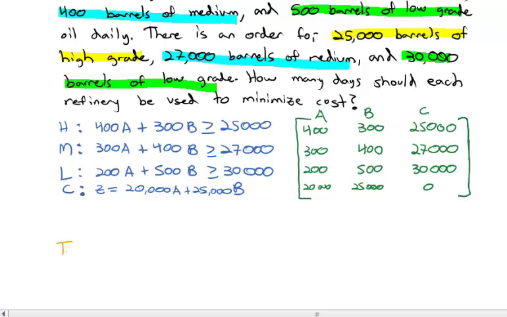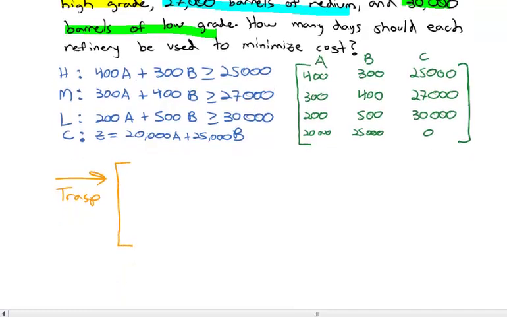And so when we transpose this matrix, our columns become row 1, row 2, and row 3. So the columns, we get 400, 300, 200, and 20,000.